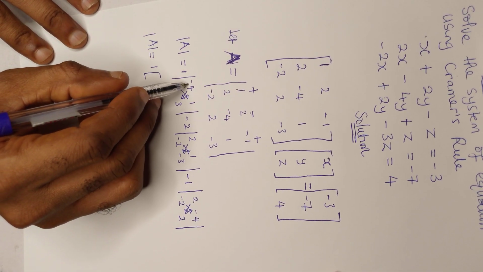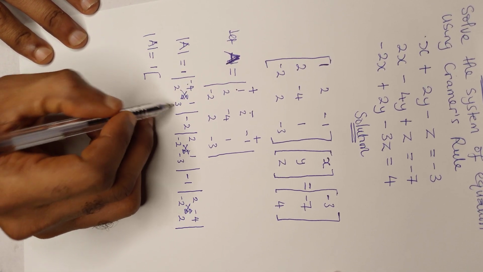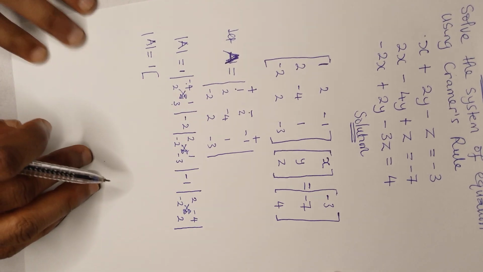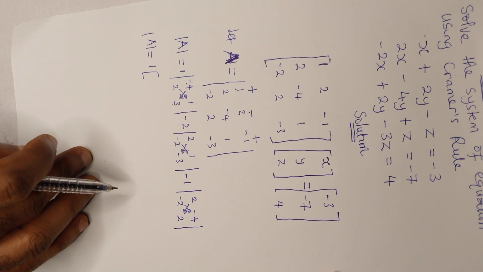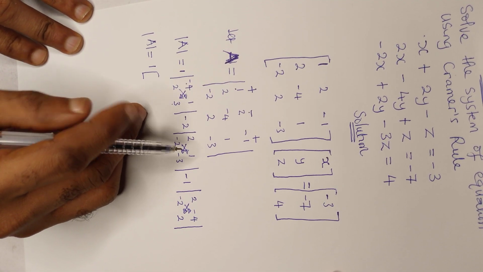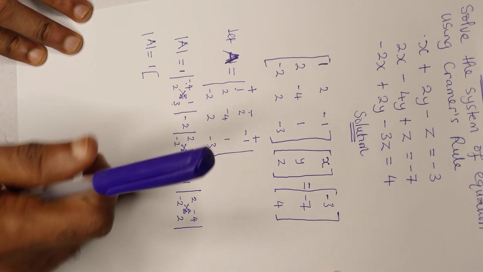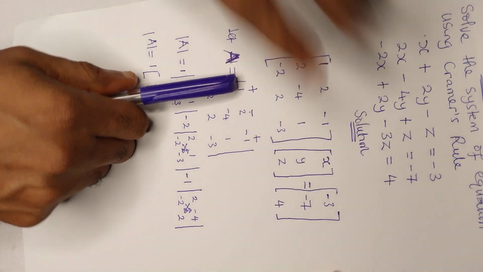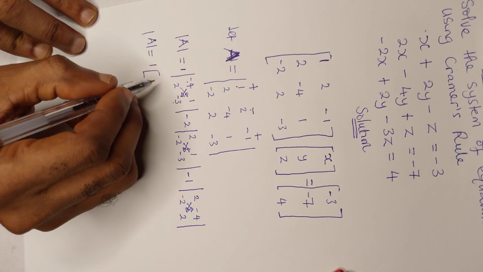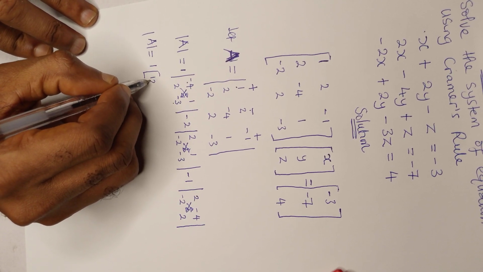So if we say minus 4 times 3 will give us... is it minus 4? Okay, sorry. If we close here and close here, okay, this is minus 3. So minus 4 times minus 3 will give us 12.